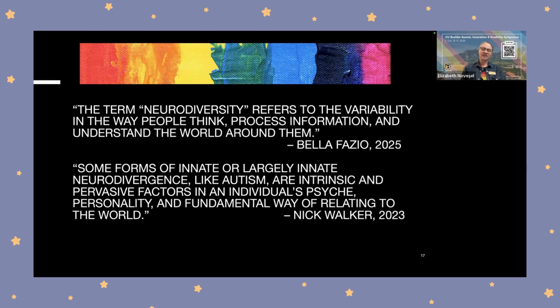And I liked Nick Walker's definition because it talked a little bit about how it's fundamental to people's personality, to their psyche, to their sense of self in many cases. Not for everyone, but Nick Walker identifies as autistic, so I guess that fits because a lot of autistic people certainly cannot speak for all, but feel like it's a major part of who they are and their identity.